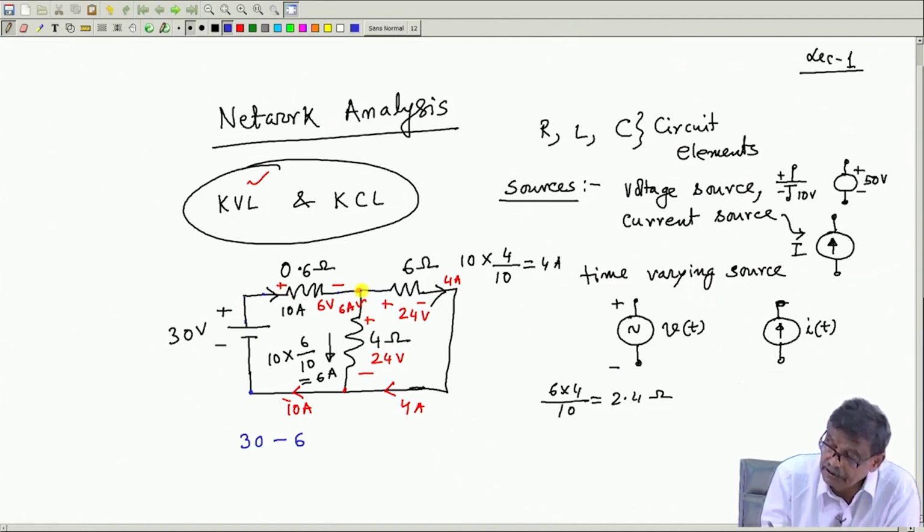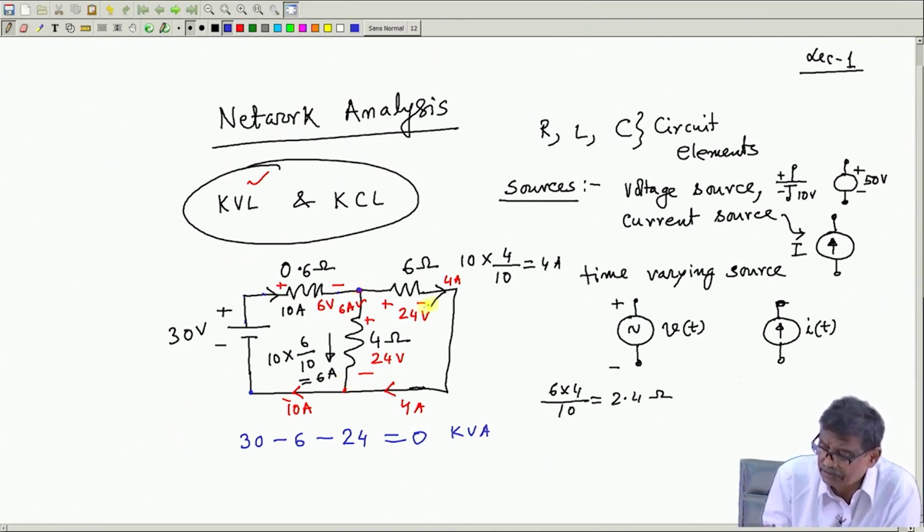Then I have reached this point, here there was no drop. So, from this to this, it will be once again from plus to minus, so minus, and this voltage drop is 24. Now, if you sum it up, it is equal to 0. So, this is KVL in this closed loop.